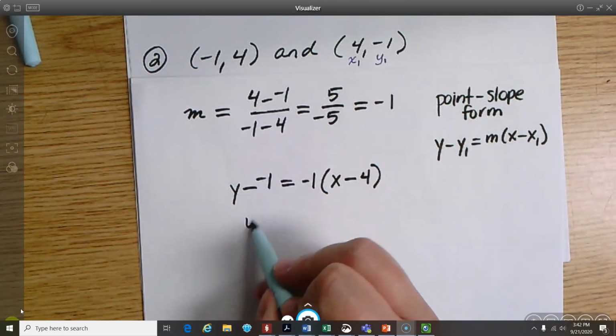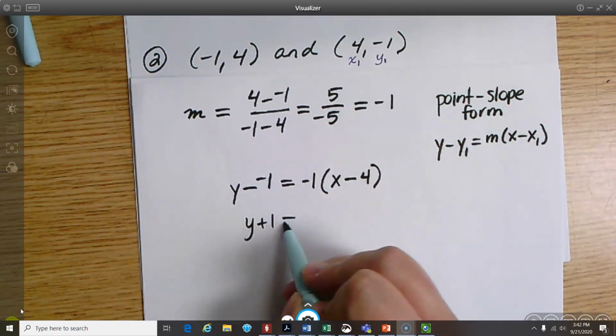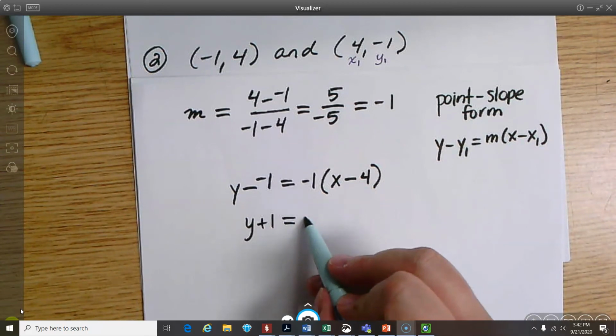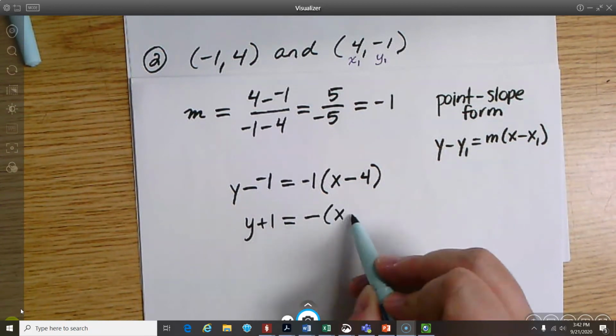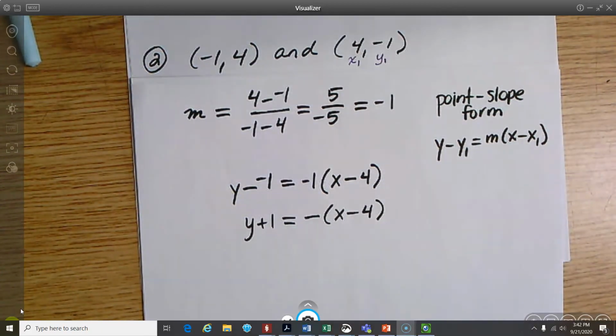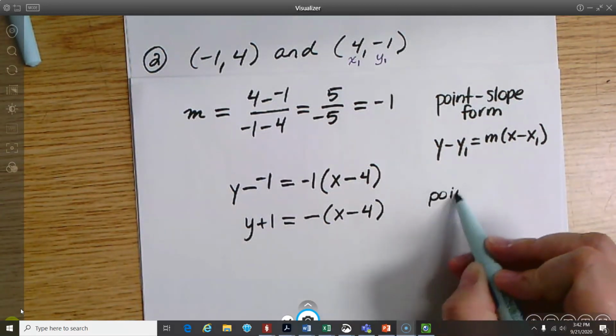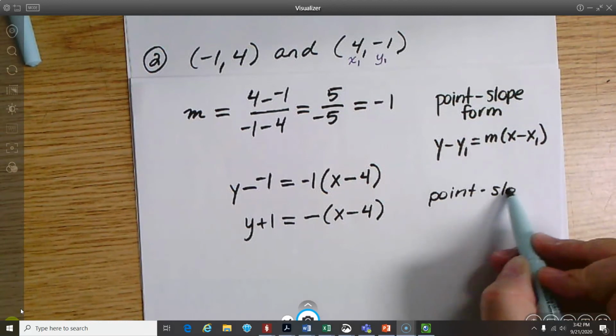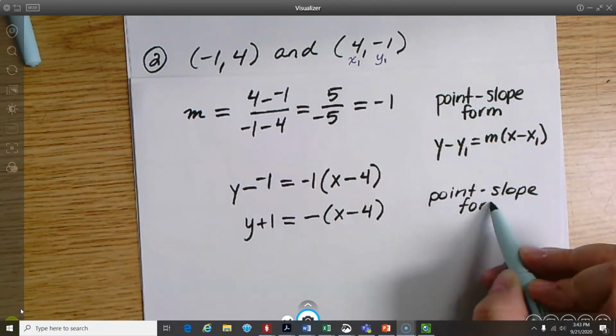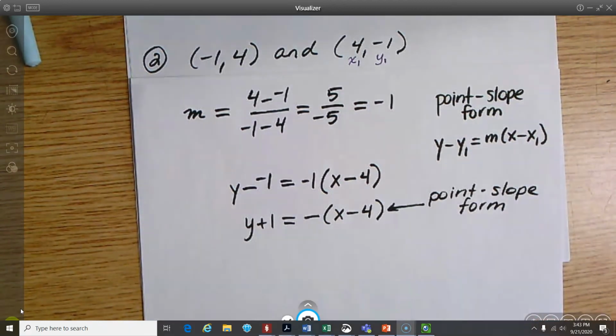And I have y plus 1, because minus a negative is plus, equals negative 1 times, and a lot of times we won't write the 1, we'll just write the negative. Okay, so here is the answer, the equation of the line in point-slope form. If you were asked for point-slope form, this would be your final answer.